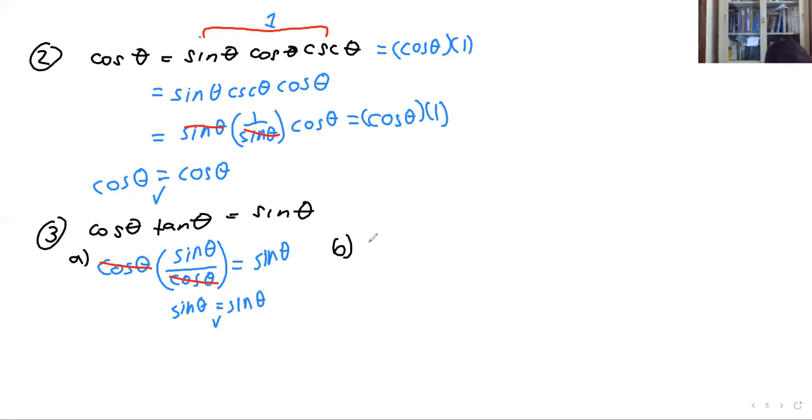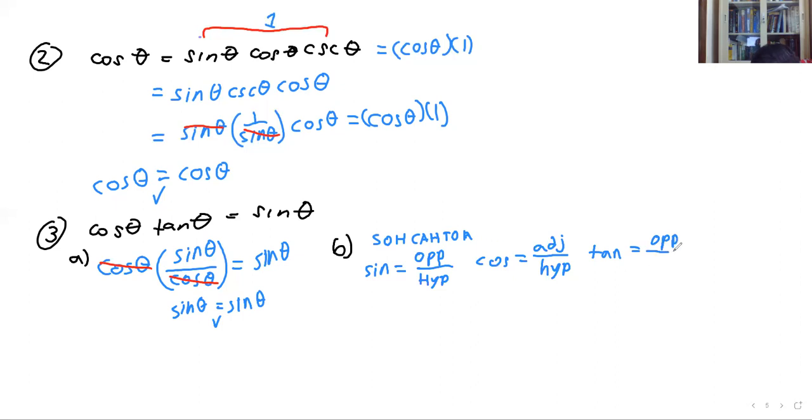As we can recall, SOH CAH TOA: sine equals opposite over hypotenuse, cosine equals adjacent over hypotenuse, and tangent equals opposite over adjacent. So just use the definitions right now.